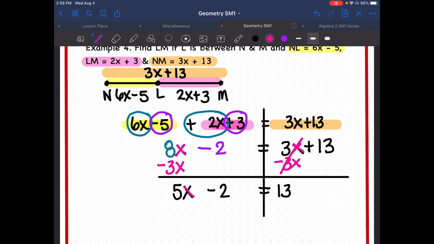All right, I'm focusing on this side where my x is, where my letter is, because that's my variable. And I need to say to myself, do I see addition or subtraction? And let's do the opposite. So I see subtraction. I'm going to add 2. And what I do to one side, I must do to the other.